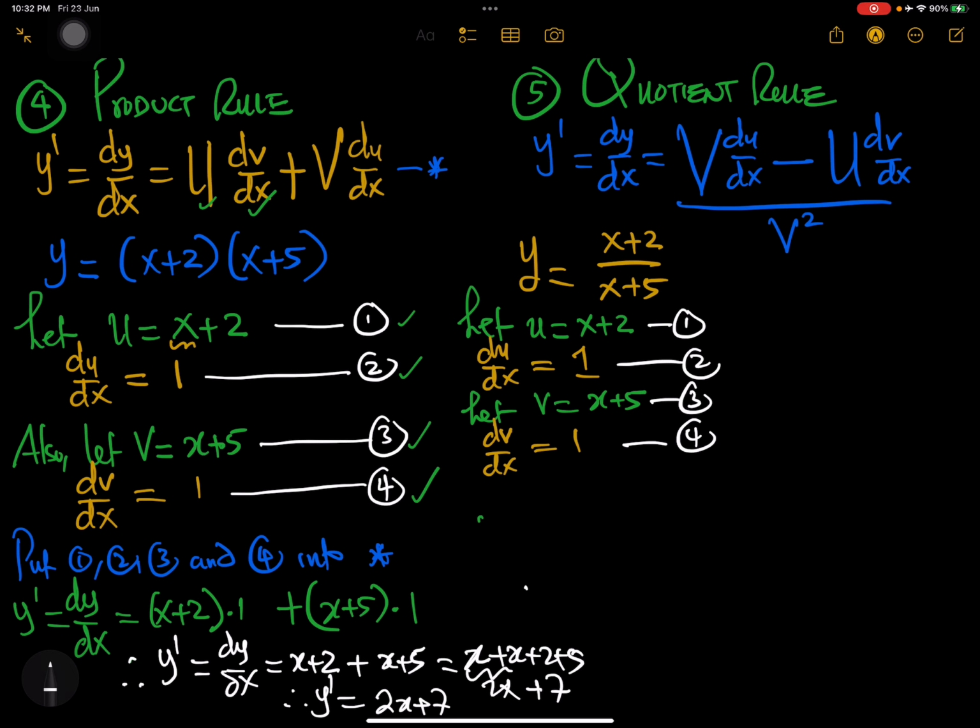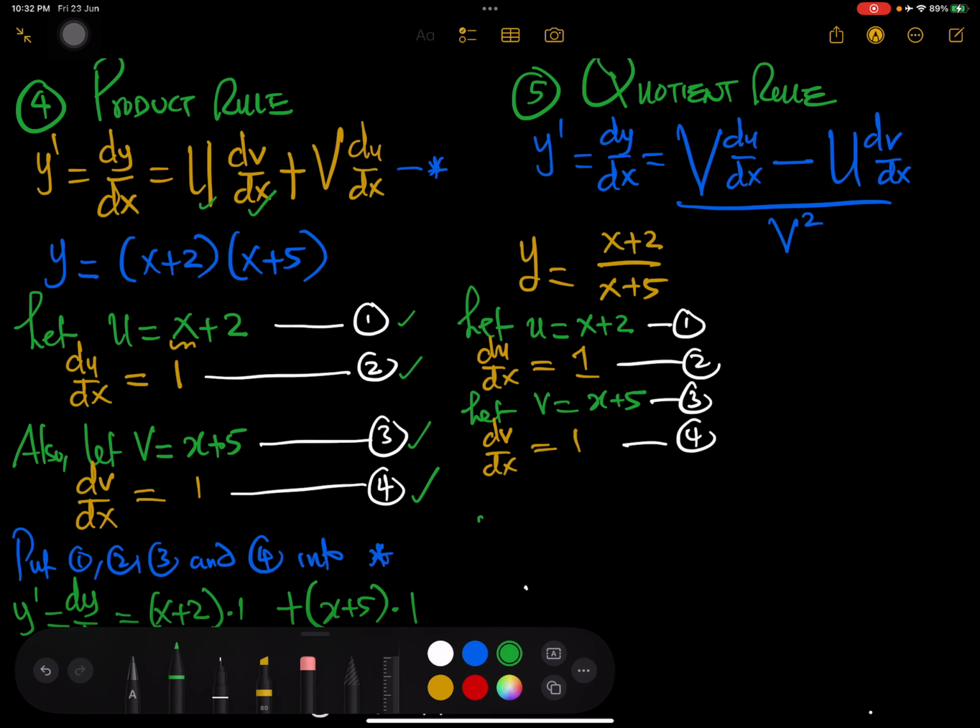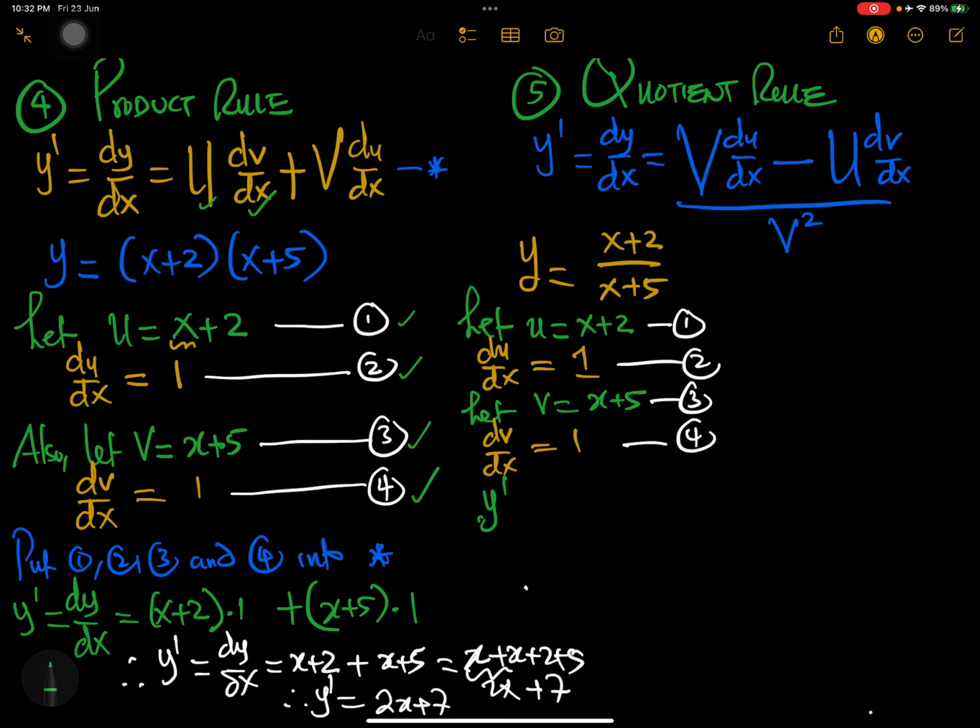Now, remember, to combine everything, we're going to plug things in, right? So we're going to have our y prime, which is equal to dy/dx, is equal to the v. The v there is our x plus 5, equation 3, multiplied by du/dx, which is equation 2, which is 1, minus u.